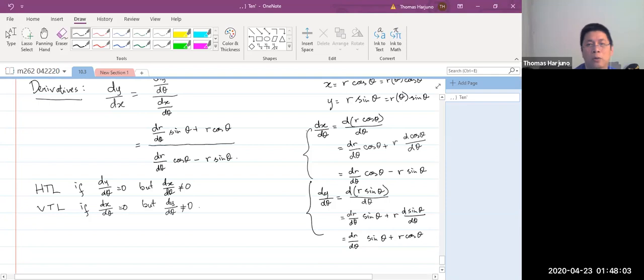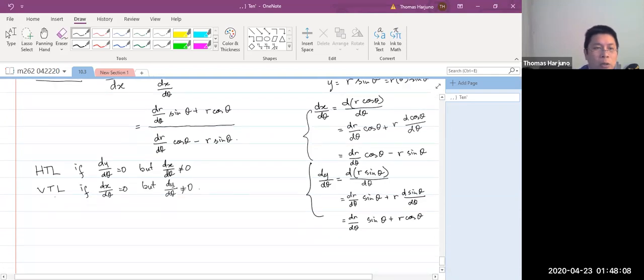Now you will see later on we have the issue if dy/dθ equals dx/dθ equals 0. If the numerator and denominator both equal 0, then use a limit. In turn, you may need to use L'Hopital's rule.